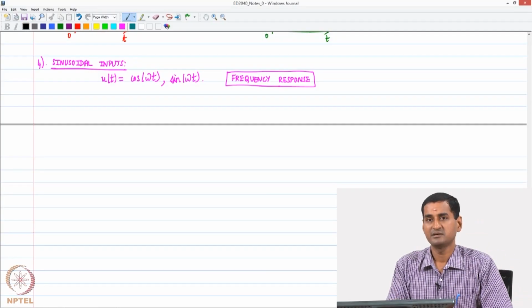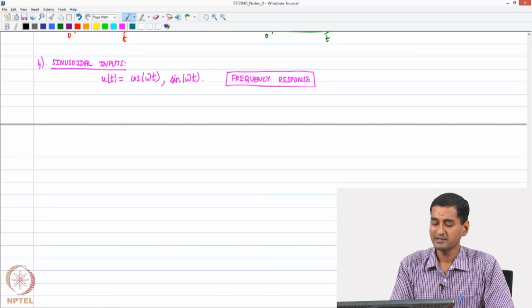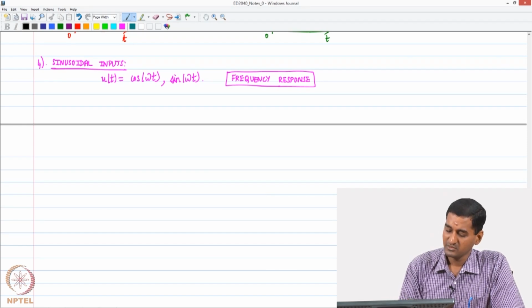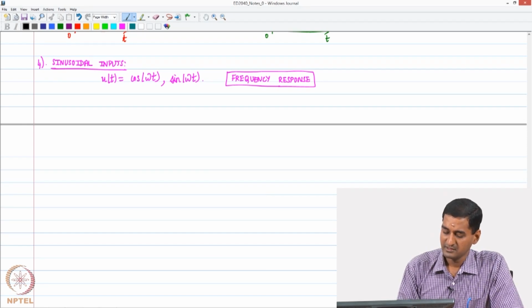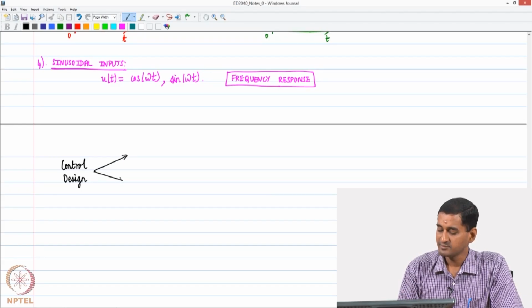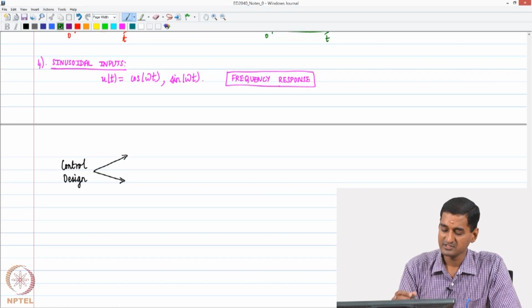Before we return to the discussion on Laplace transform, we just discussed these standard inputs, and there are two important aspects that are critical in control design. Let me point them out.